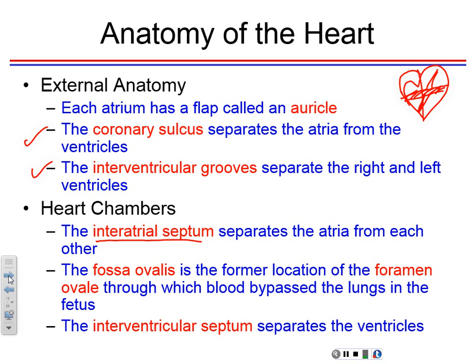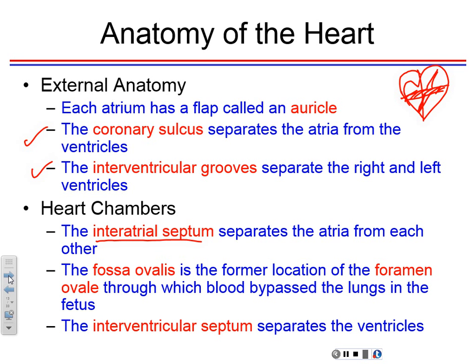And then I'm going to mention that the fossa ovalis is the remnant of what would have been the hole between the left and right atrium, called the foramen ovale, all right? The foramen ovale will shunt blood from the right atrium to the left atrium. Why? So that it doesn't go to the lungs, because the right atrium leads to the right ventricle, which leads to the pulmonary trunk, which goes to the lungs.